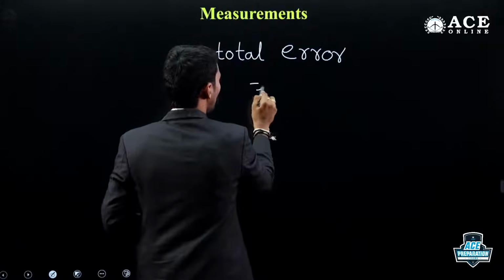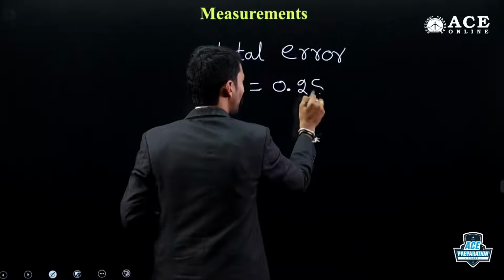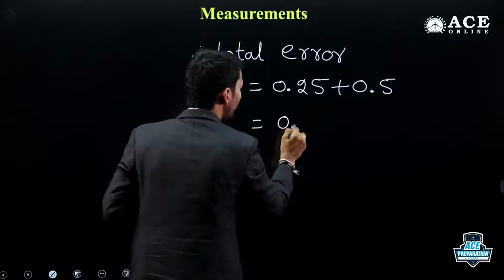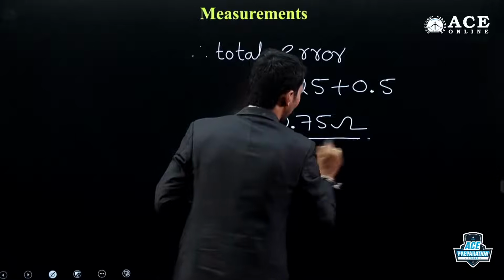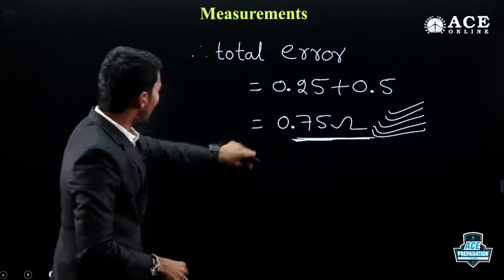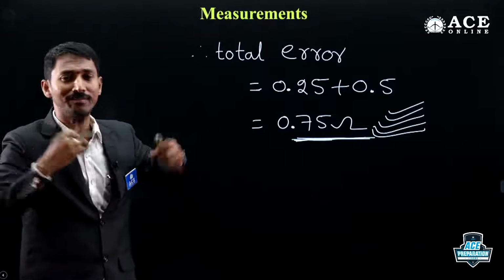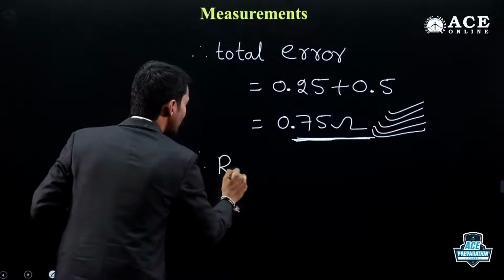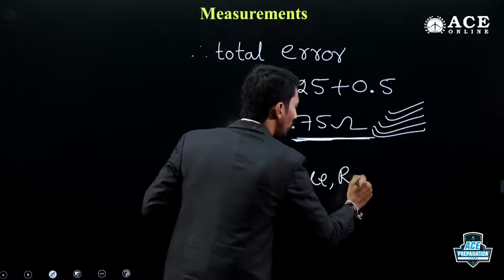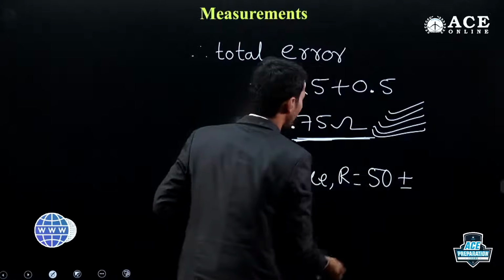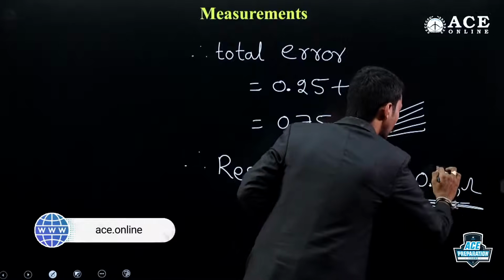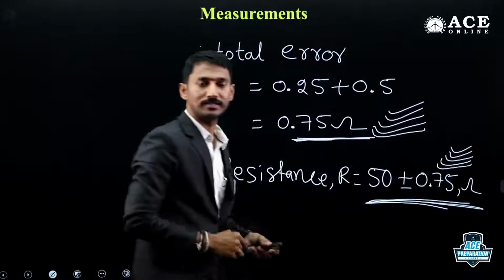Total error is 0.25, one error, plus 0.5, one more error. Therefore, it will be equal to 0.75 ohm. This is the final answer. After that, he is asking the total value representation. Therefore, the resistance R is equal to 50 ohm plus or minus the error, how much? 0.75 ohm. This is the final representation of the resistance.